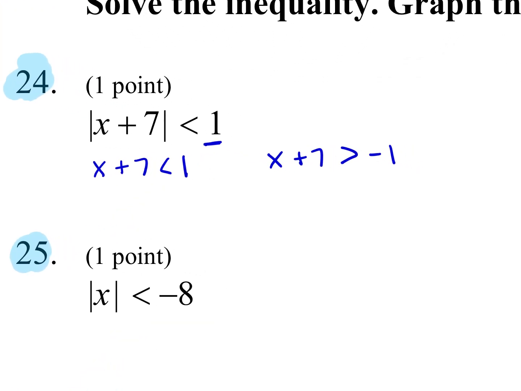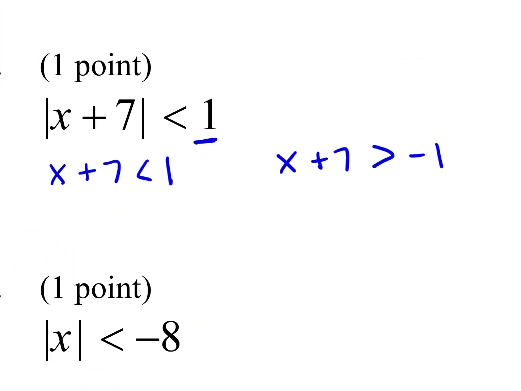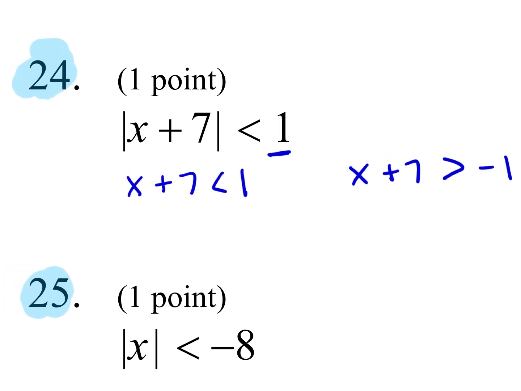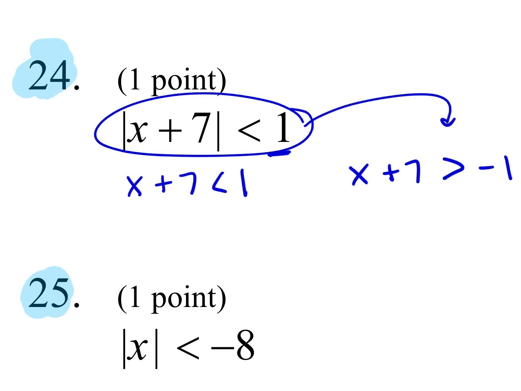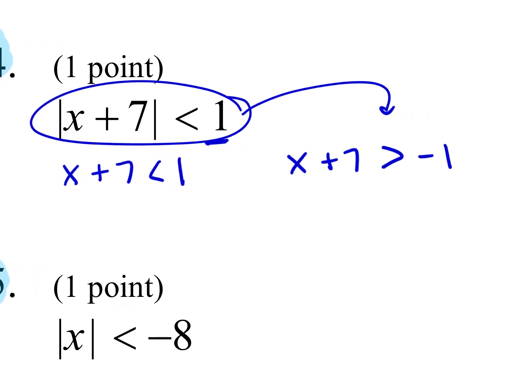So we had it right. Whenever we flip the sign is when we use the negative. So we keep the original, but we get rid of the absolute values. Then when we rewrite it, we flip the sign and make what it's equal to negative.